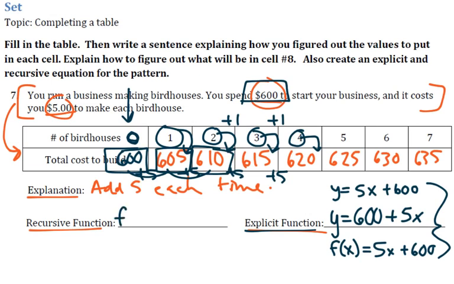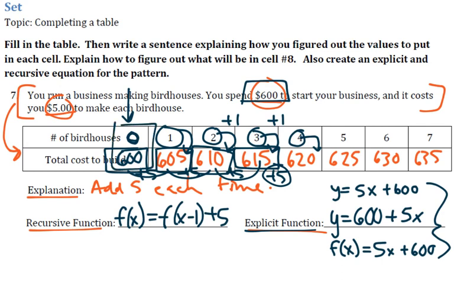So the way we write that is f of x, meaning to get to this next one, we take the previous one, which we call f of x minus 1, and then what did we do to it? We added 5. Now where did we start? Well, f of 0, we had 600. That's our recursive. It has those two parts.